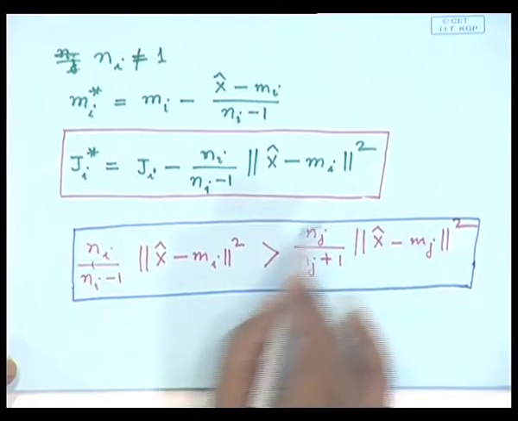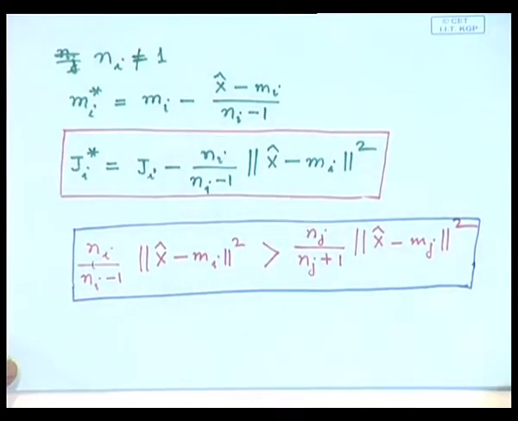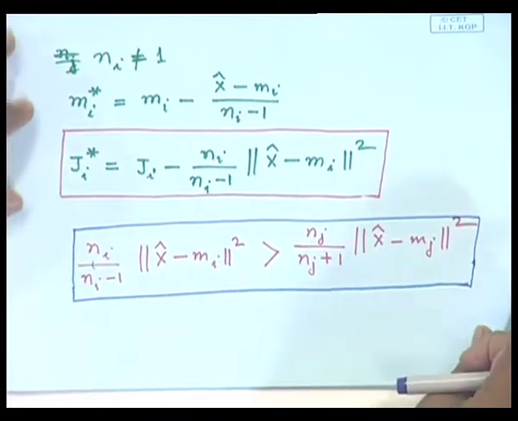The next condition is I should try to find out the cluster where, if I put x hat, the increase in the sum of squared error will be minimum. So, this is another iterative algorithm, following which we can also find out the clusters for a given set of feature vectors.